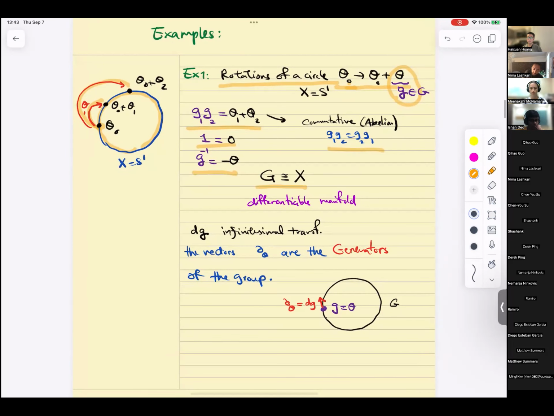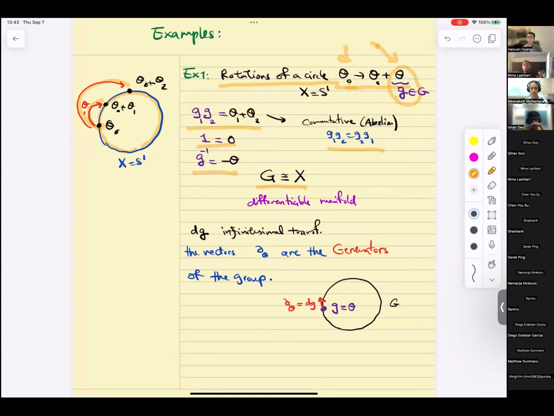And moreover, your group of transformations is the same thing as the space that it was acting on, right? So the group is also a circle, also S1. You can clearly see that I'm using the same parameterization for both. Therefore, because X was a smooth manifold and it has derivatives and all that, your group is also going to be a smooth manifold. It's the same manifold.